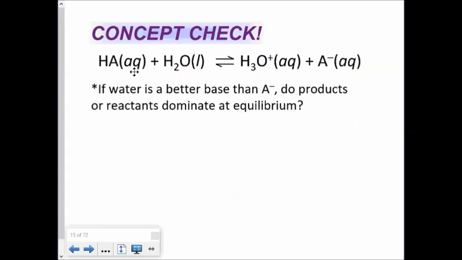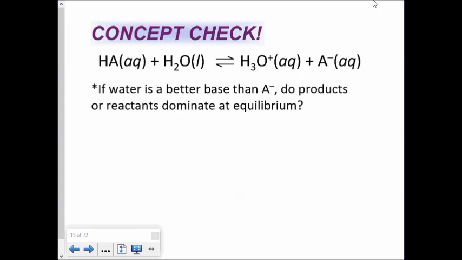So looking at this particular generalized equilibrium equation, water is a better base than the A minus, which would be the conjugate base. Do the products or reactants dominate at equilibrium? Remember, what would make it a base? What's it going to do here? Accept the proton.